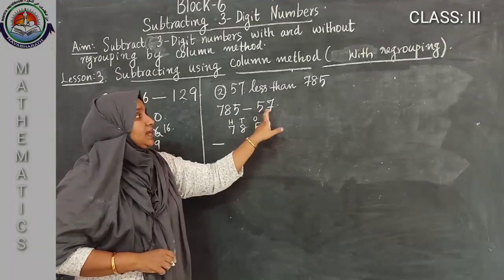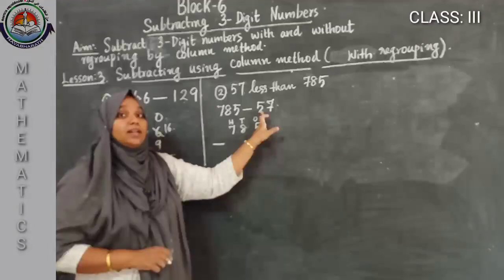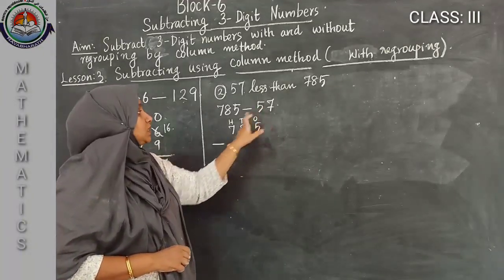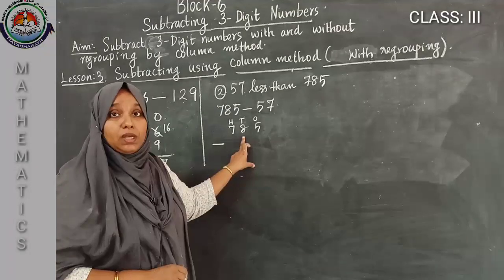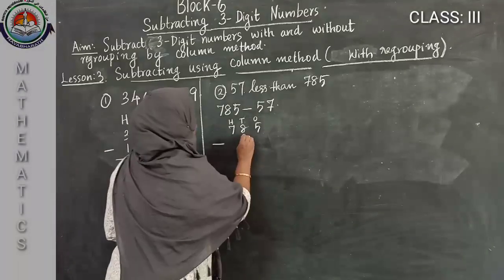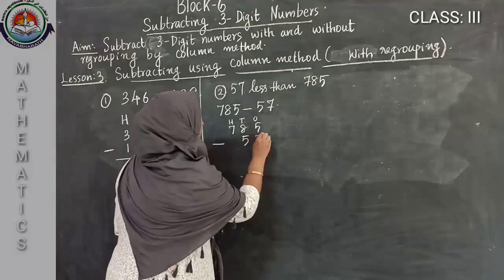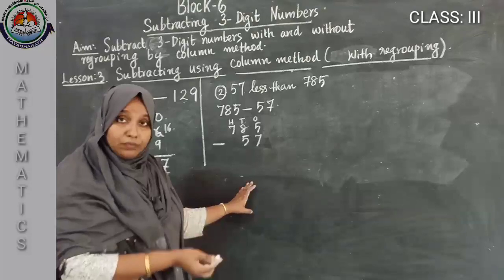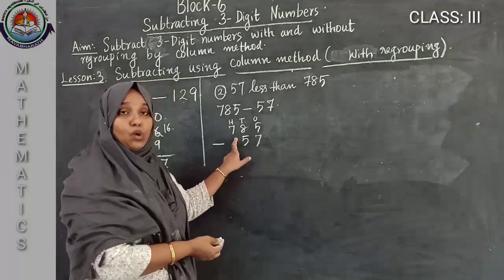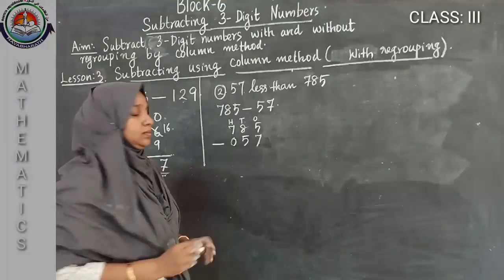Here only tens and ones, no hundreds. So you should write the digit at the tens place, just below the tens place of the bigger number. So we have to write 5 here. Then 7. If you have any confusion, you can put 0 here. We can put 0 now, but no need.